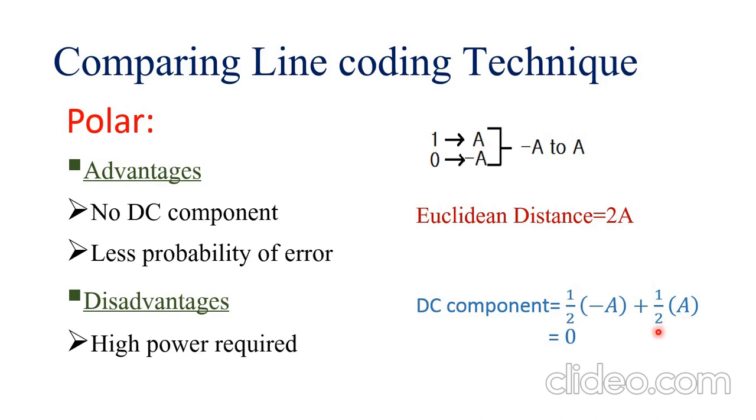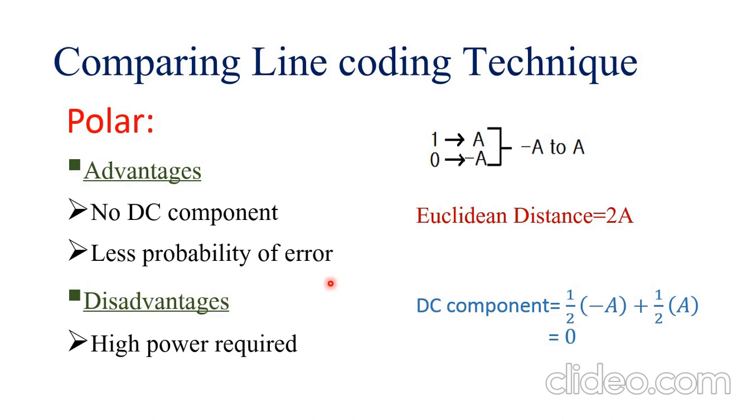If we add these two, the result will be 0, which means it has no DC component. So the DC component is 0 in polar, and it has high power requirement, but the probability of error is less.